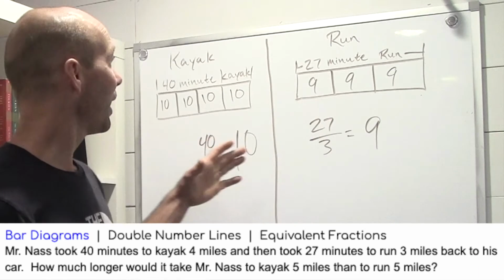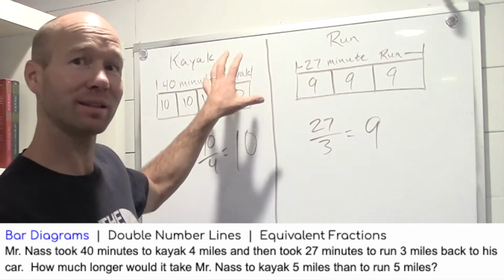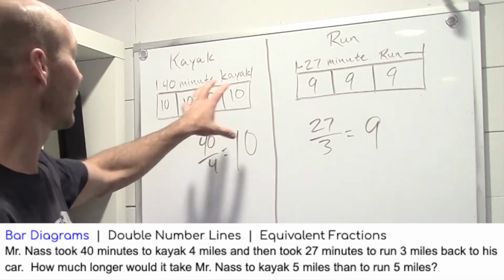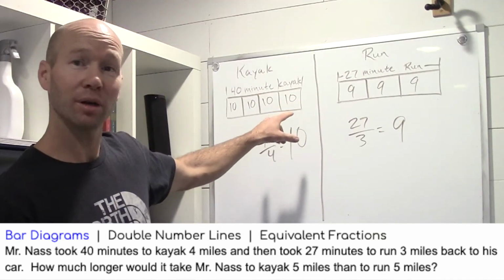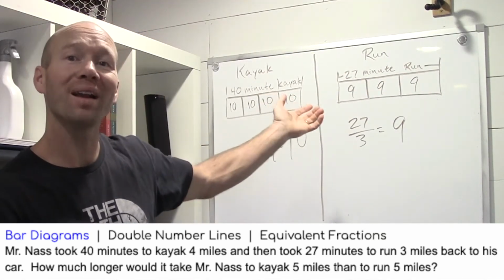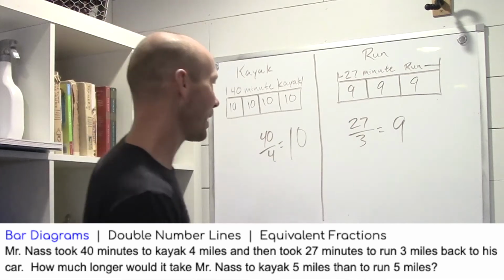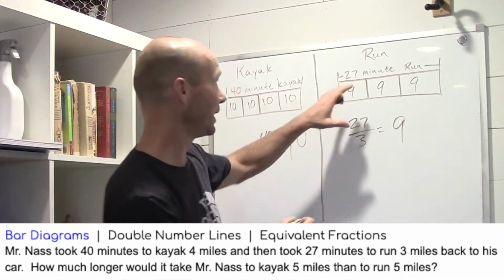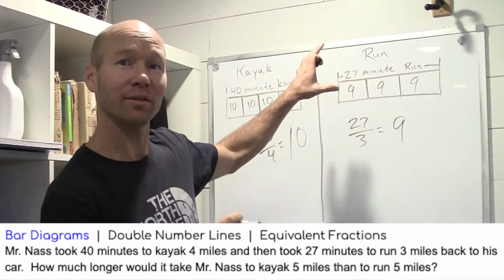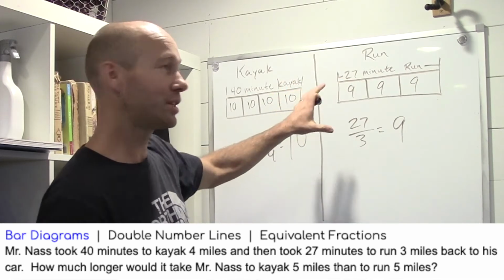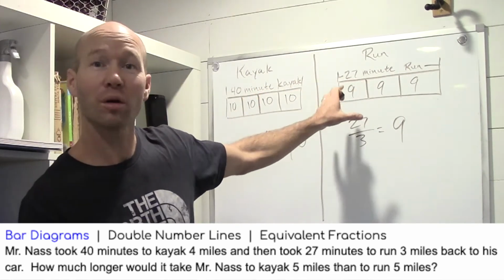We could say, how many more minutes did it take to kayak than to run each of those miles? Yeah, 1 more minute. So in 5 miles it would take 5 more minutes.